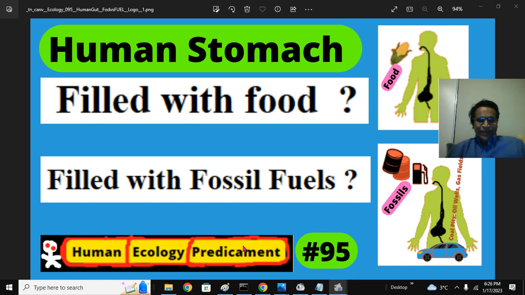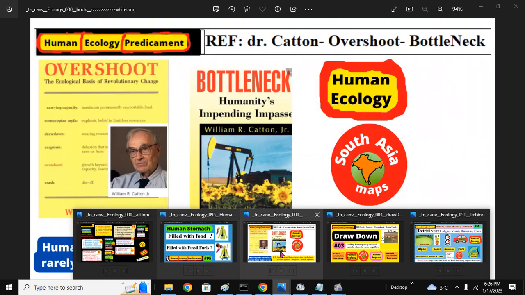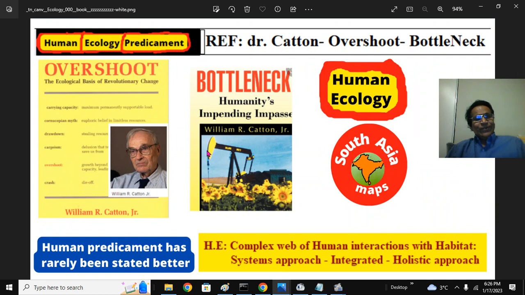That is the human dilemma. That is the human impasse. We are stuck, and most of these issues are looked at very critically in the Overshoot book, as well as the Bottleneck. It's a sequel from the work of William R. Catton Jr., Professor Emeritus from Washington State University, Pullman, who passed away, I think, 4-5 years back or so.